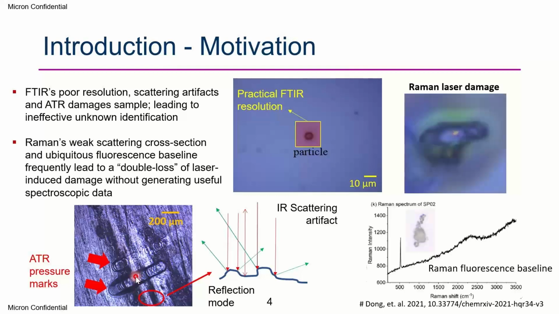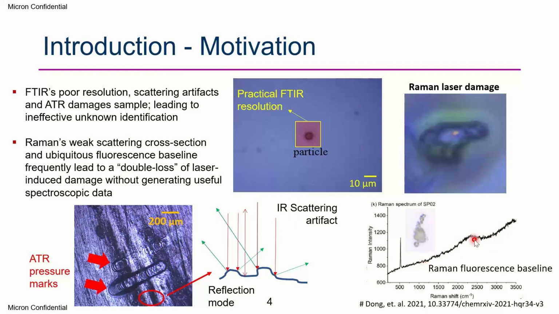Whereas for Raman, everybody knows that Raman's biggest weakness is a ubiquitous fluorescent baseline. A lot of the time we are confused whether this is the fluorescence baseline from the Raman or actually from our sample.